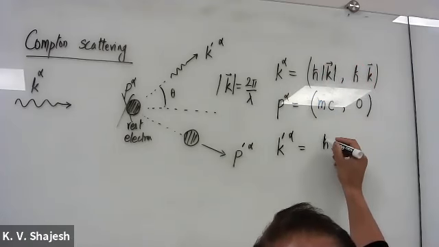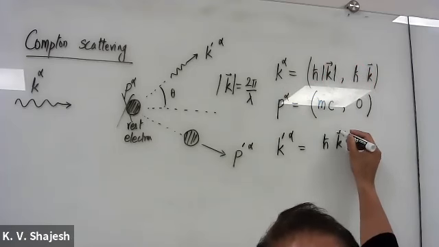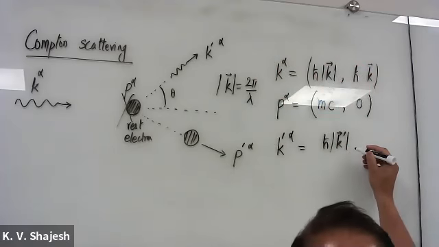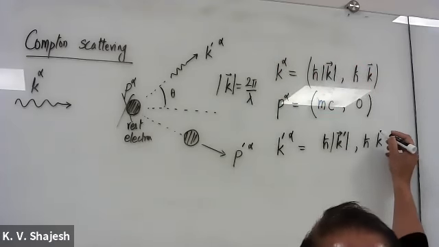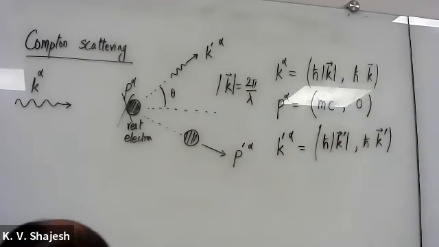So this is h bar K prime, if you want, or lambda prime. We would like to talk about what is the change in the frequency or the wavelength. But its direction also changes, so there is an angle theta at which it moves away.